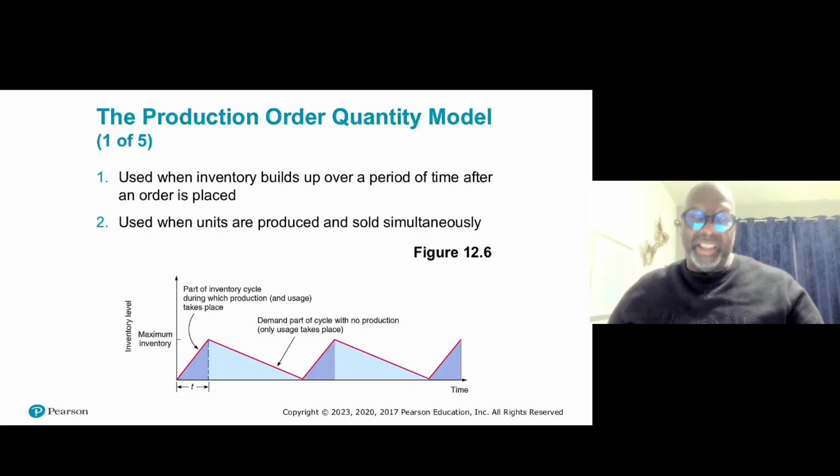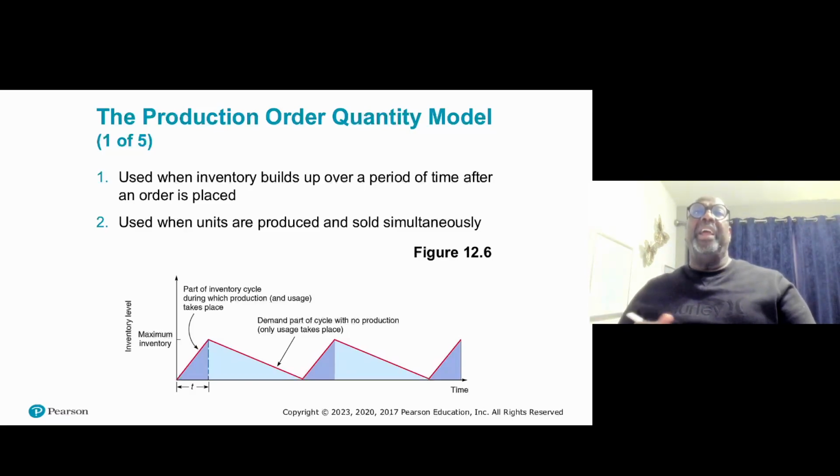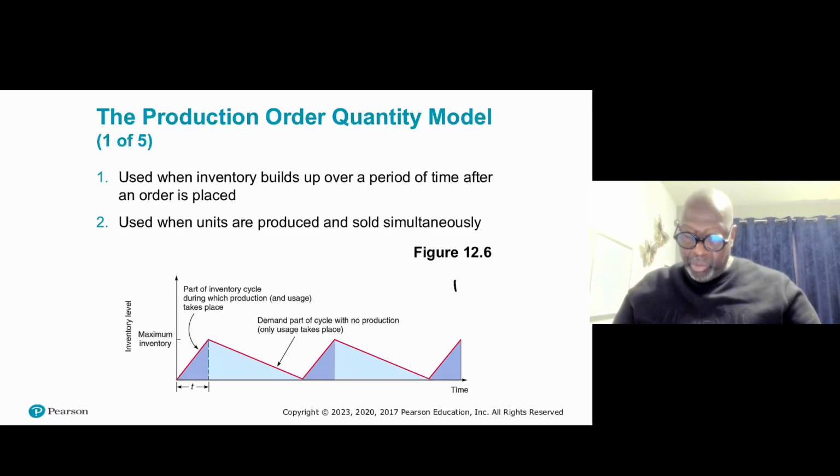The kind of silly example I could give you of that is if I'm making cookies or loaves of bread, and say I'm making 100 loaves per hour, but I'm consuming 10 to make sandwiches per hour, then at the end of the hour, I only have 90 loaves. I don't have 100. So even though my production rate is 100 and the time frame T that I'm looking at is 1 hour, I should have 100 loaves in 1 hour.